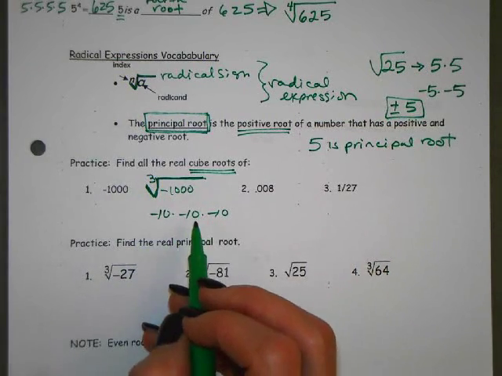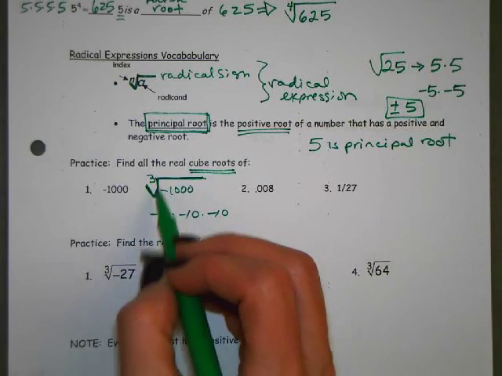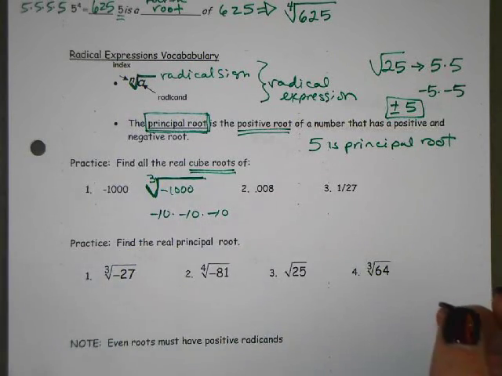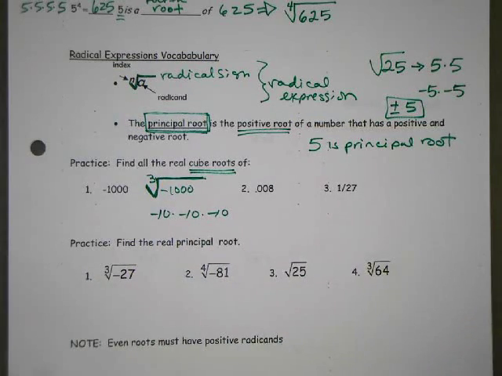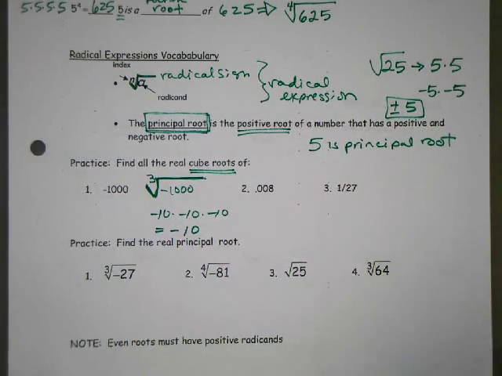Because what would a negative 10 times a negative 10 be? It'd be a positive 100, right? So you can have a negative underneath the radical sign, except your root must be odd. Yeah, it'd be no solution, no real number. Okay? So then therefore the answer is negative 10 for the cube root.